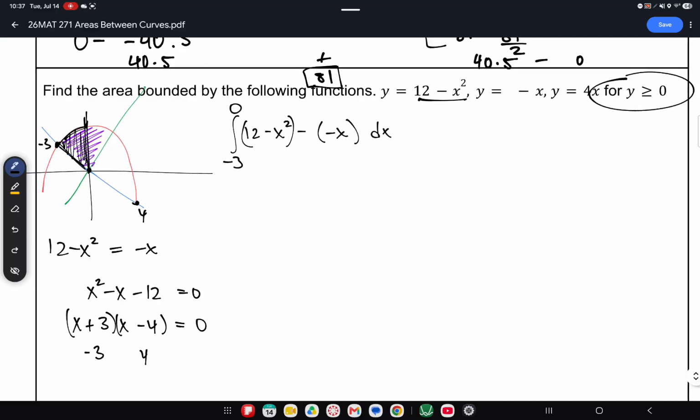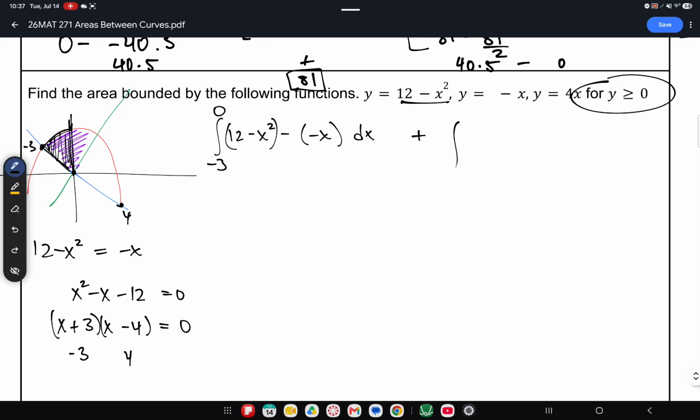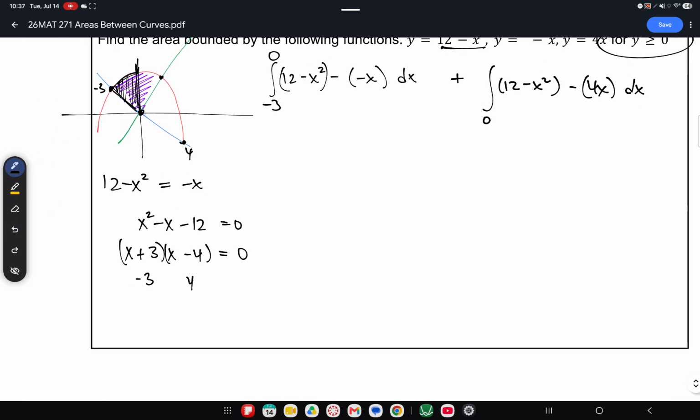And then that other chunk, right, I can add in the integral from 0 to this intersection point, which I'll find in a minute. And then we have top function again, which is the 12 minus x squared. This time our bottom function is that 4x. So I want to find when 12 minus x squared is equal to 4x.